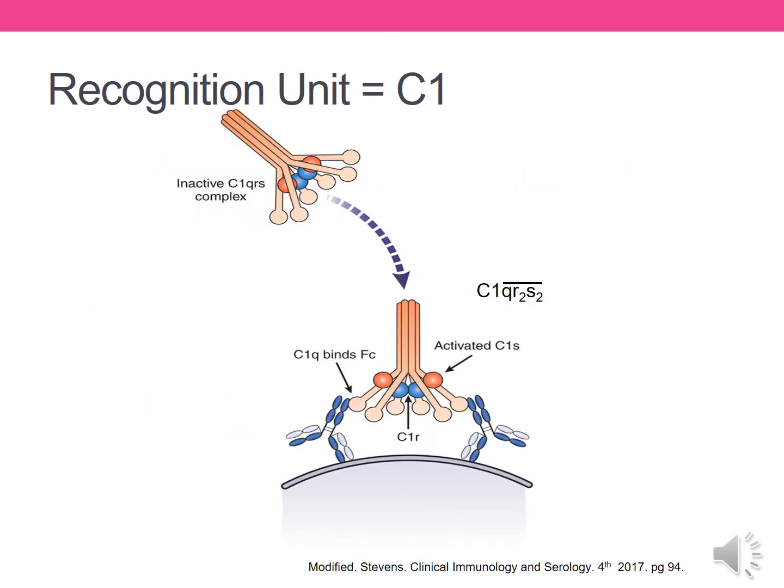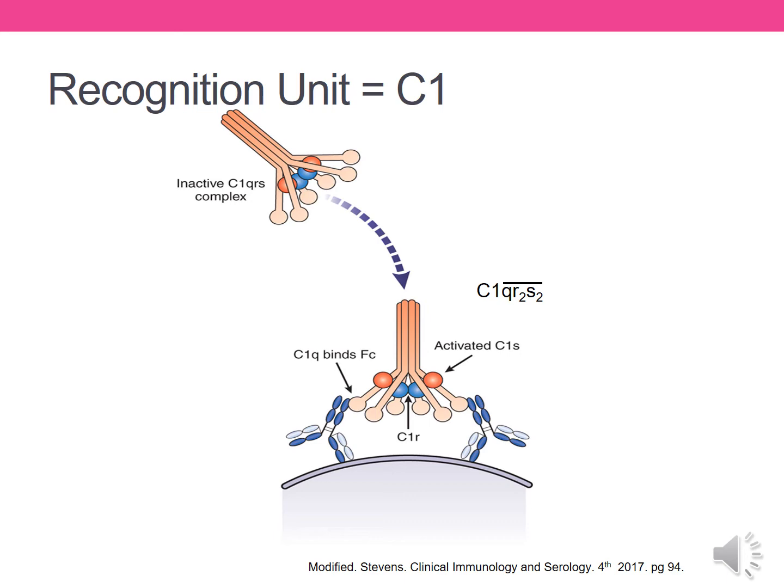So our first stage is our recognition unit, our C1. We have our inactivated C1qrs or C1 complex, and it will come in and connect to the Fc portion of our antibodies. Let's say these are IgGs, okay? So this C1 complex binds to the Fc portion of our IgG, then another C1r and C1s will come and bind to this C1 complex.